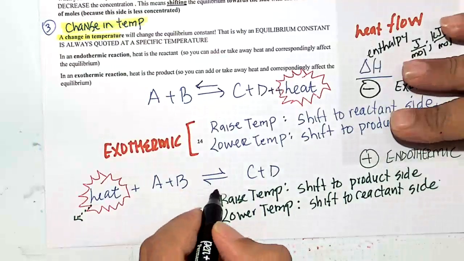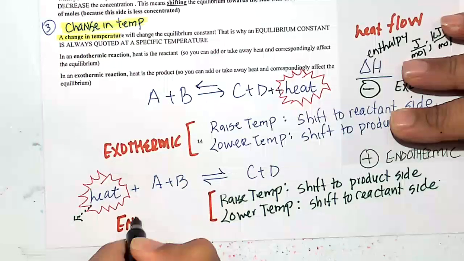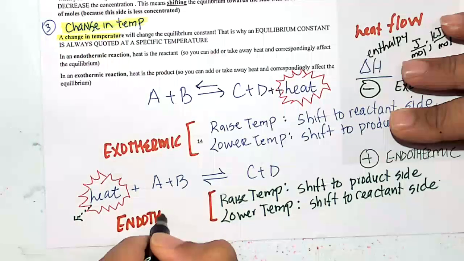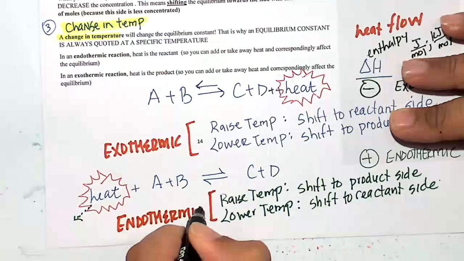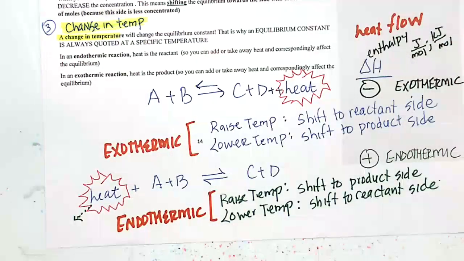Alright, so this is for an endothermic reaction. So that is the third disturbance, increasing or decreasing temperature.